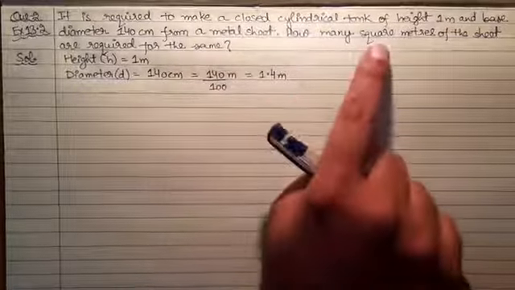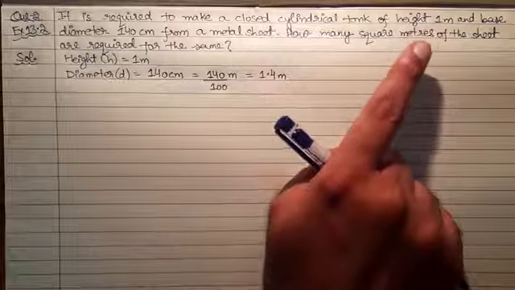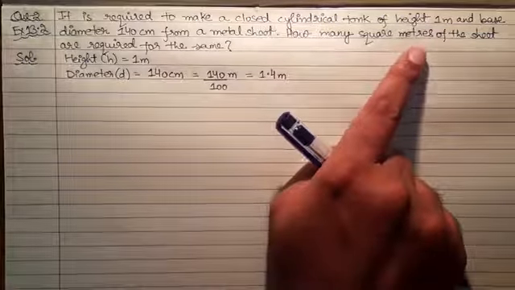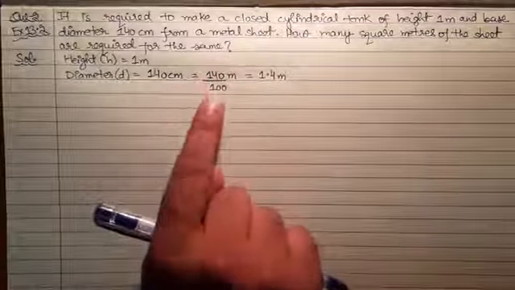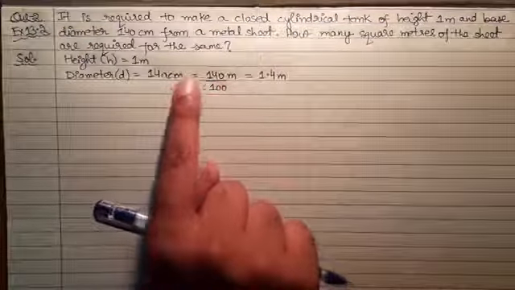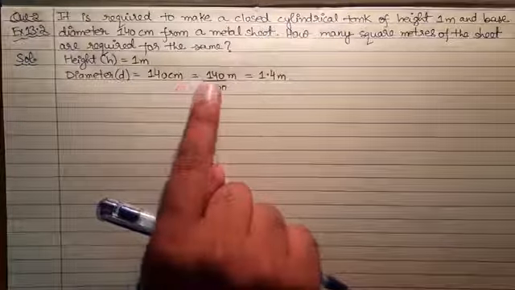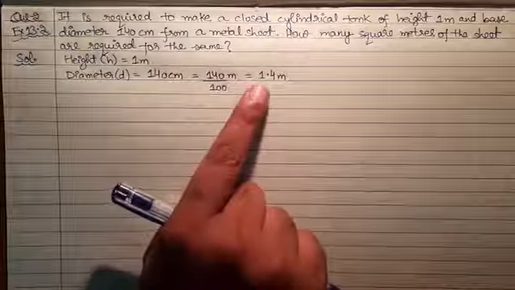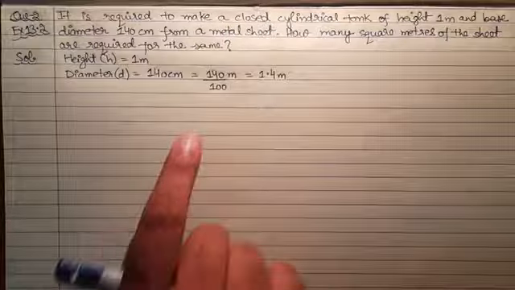Since we have to find metal sheet in square meters, I have already converted centimeters into meters. 140 centimeter will be converted to 1.4 meter by dividing it with 100.